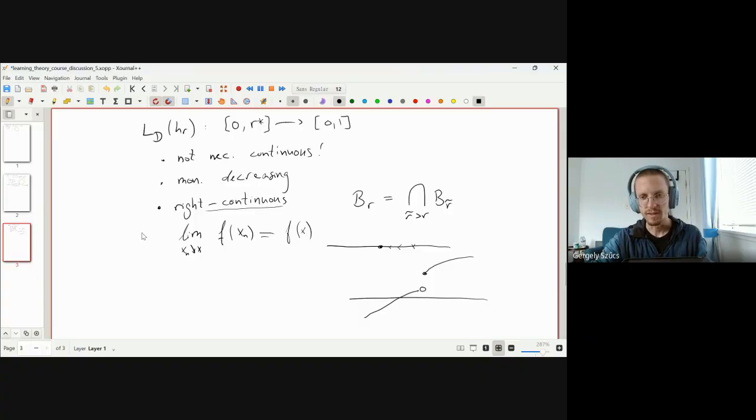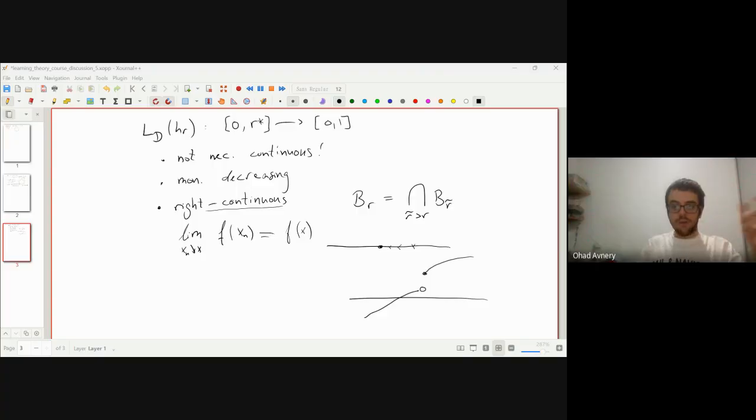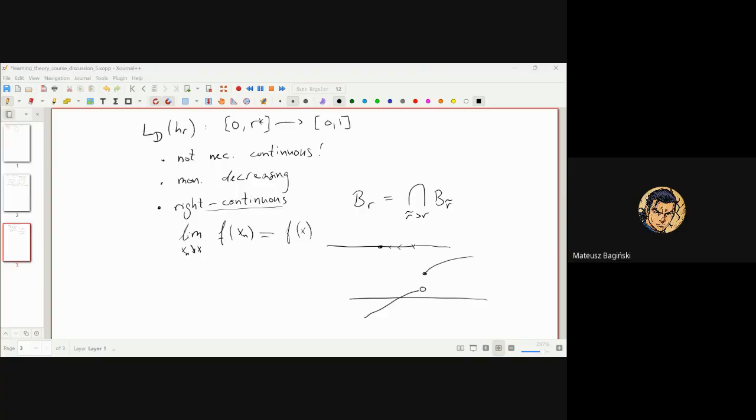There's a question in the chat. If it's piecewise continuous... Well, piecewise continuous generally means it's continuous on pieces. Yeah, it's composed of continuous functions.